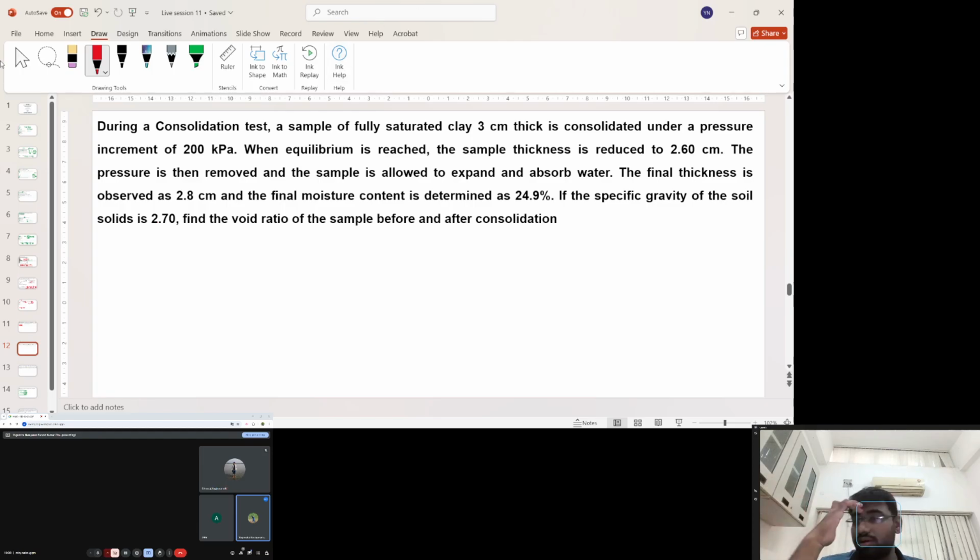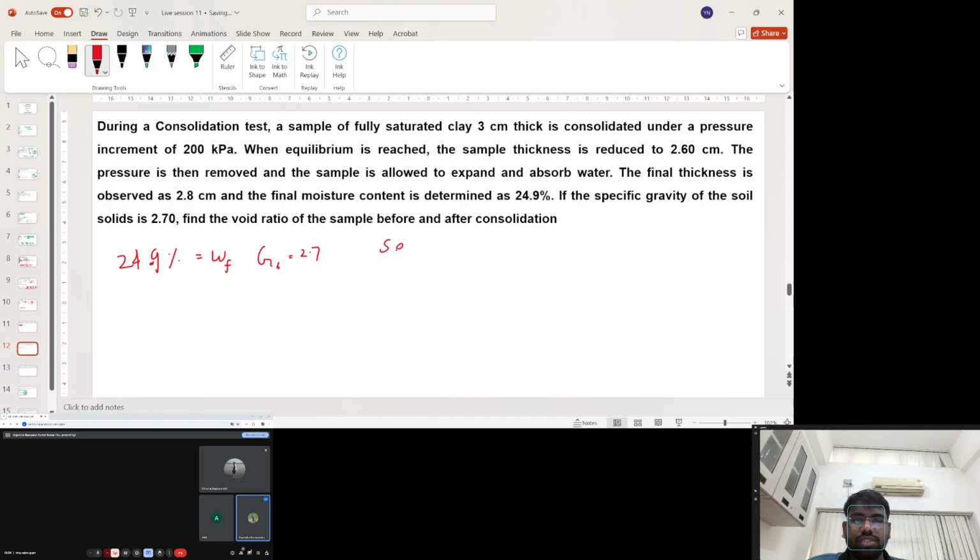Now, how will we calculate it? The initial thickness is 3 centimeters, and now we know the final conditions. Final moisture content is 24.9%, final G is 2.7. With this, the saturation is going to be 100%, both before and after the test.